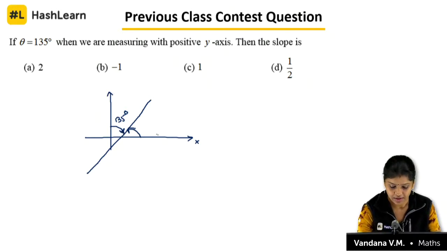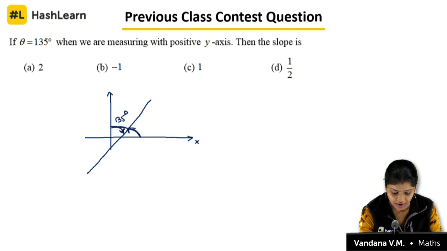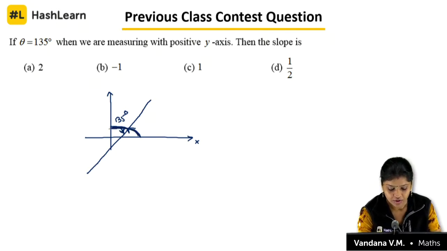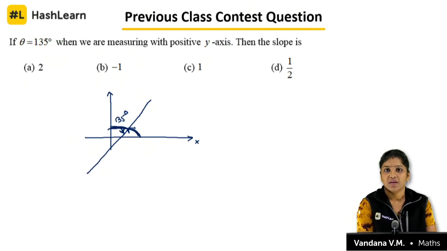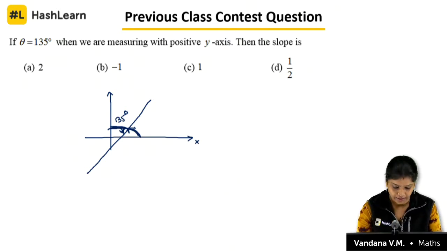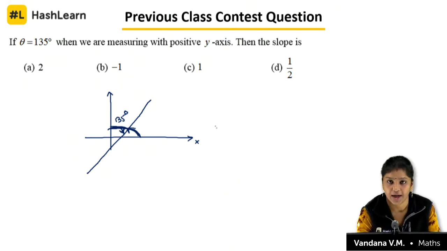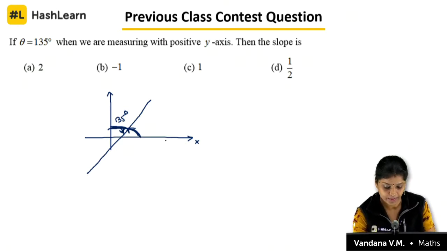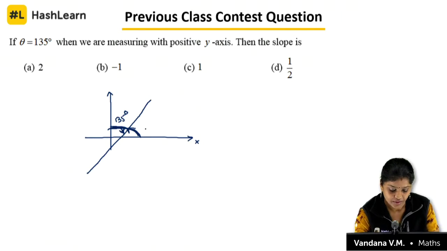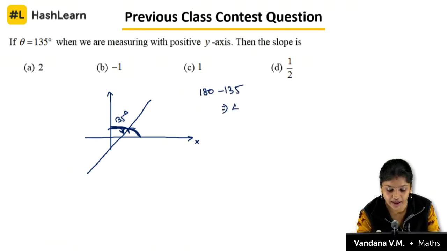The total is a line, so 180 degrees. 180 minus 135 is 45 degrees.